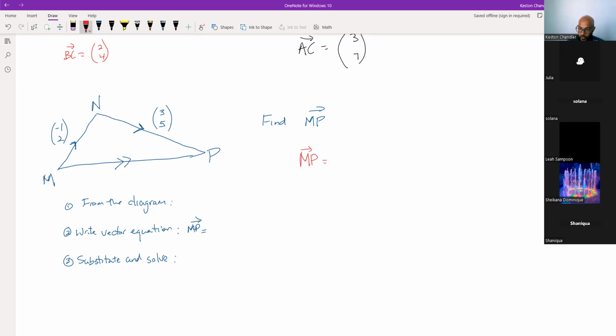So, well, we know from our diagram, always write what you have from the diagram. N is -1, 2, right? And NP is 3, 5. So if I want MP, I have to go from M. You've seen it in the diagram. You have to start here, go to N, and then from N to P.